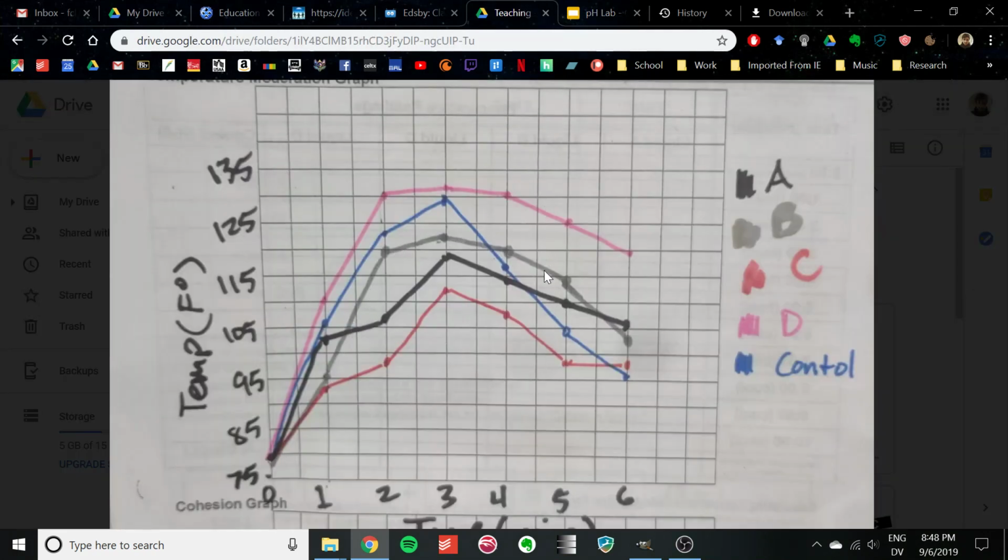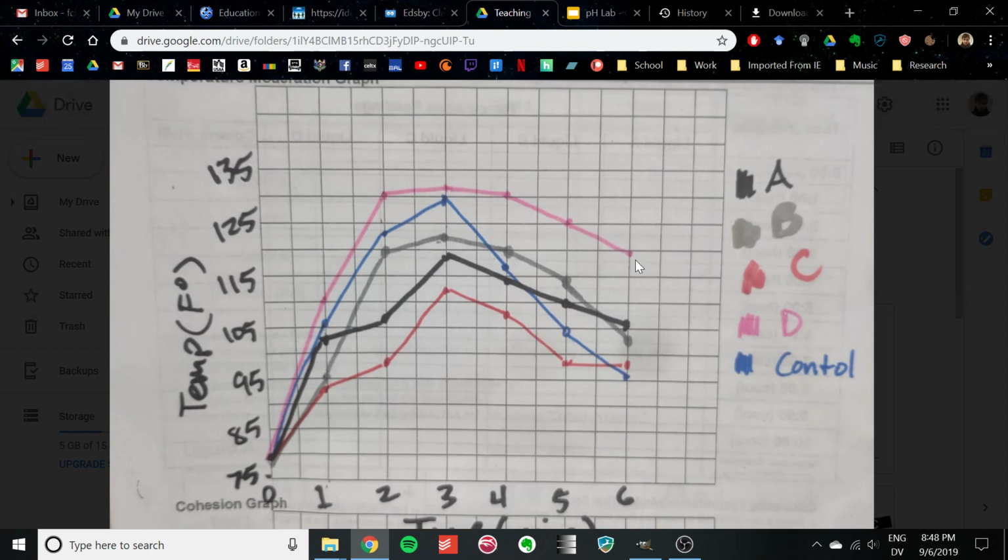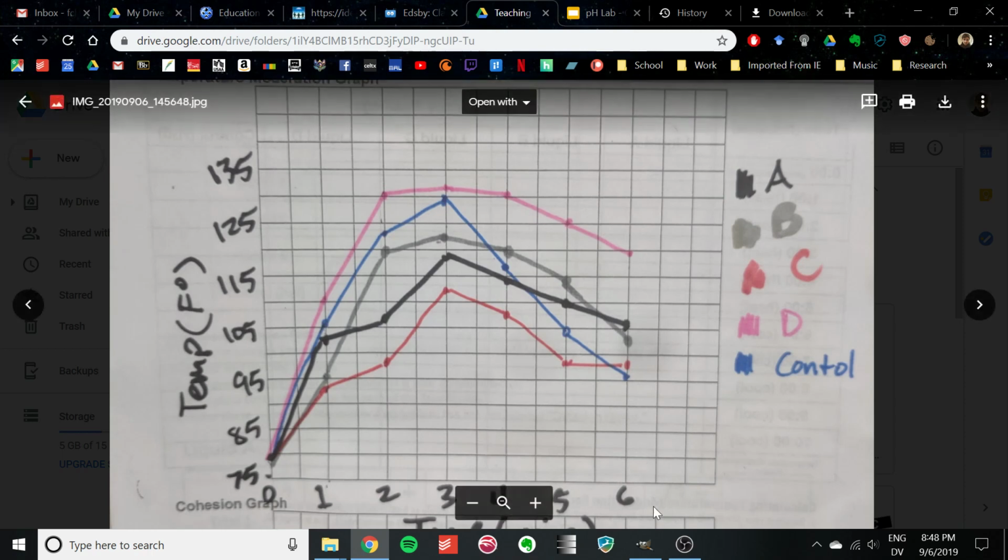The gray one and the pink one were kind of similar. They kind of bent around in the same way, and one of them was just a little bit hotter than the other. So you can make those kinds of comparisons because it's on a graph. Like I said in your notes, it helps you figure out patterns and understand data easier.